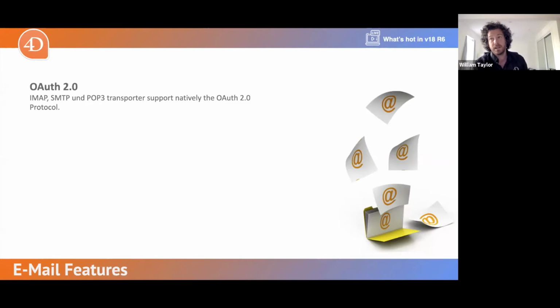We've seen that this is a trend in the recent past, and a lot of email servers and companies are requiring this sort of connection to their email servers. So you're now able to do it natively in 4D. You were always able to do it, but it required a lot of setting up, and now you're able to do it super simply.